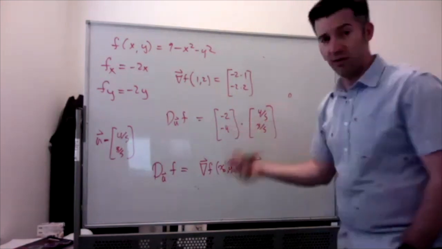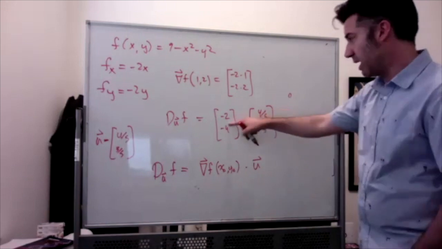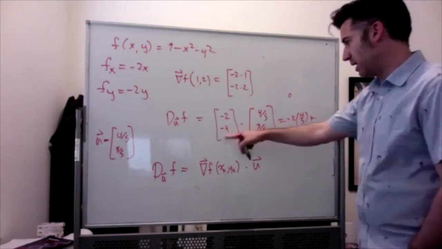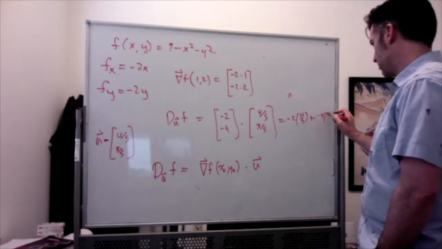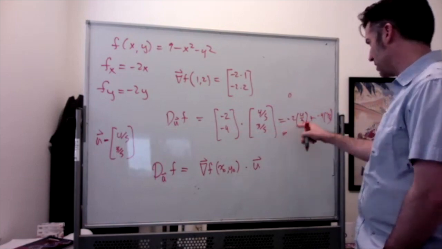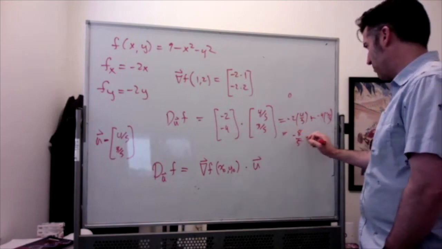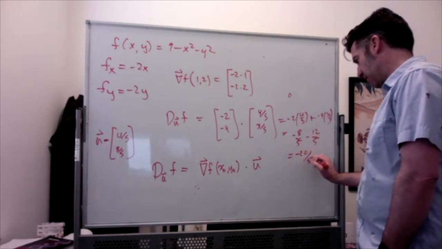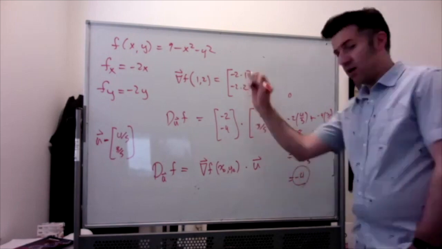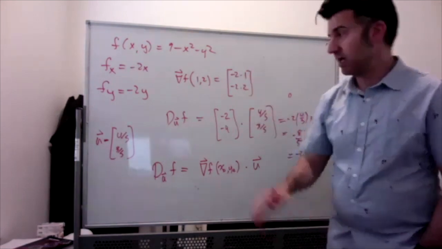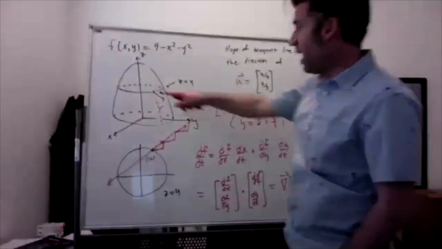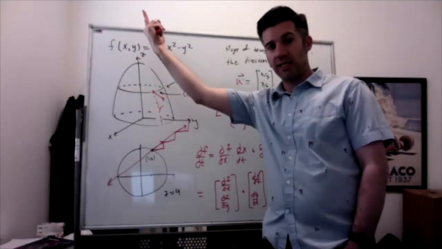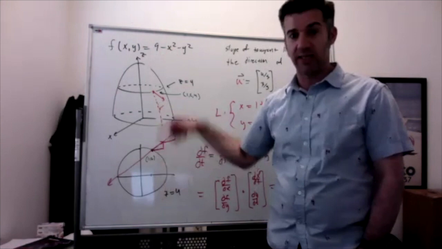When you dot these two vectors together, you get -2 times 4/5 plus -4 times 3/5, which ends up being -8/5 minus 12/5, which is -20/5, which is -4. So here's what that says. It says that at that point, in that direction, the slope of the line tangent to the surface in that direction has a slope of -4.